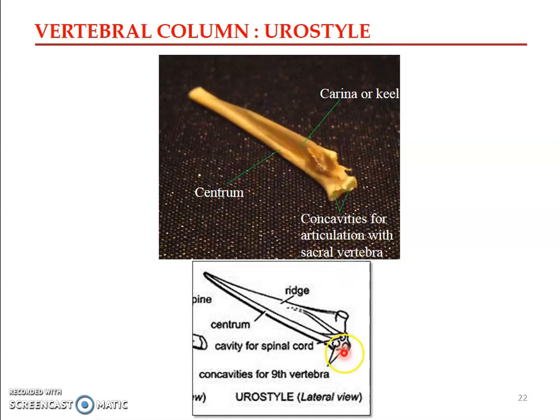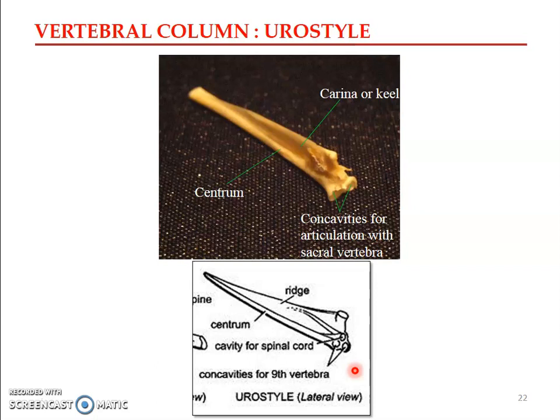Here you can see the cavity for the spinal cord, and here the filum terminale rests. Anteriorly, the urostyle has two concavities, two articular depressions, for the two convexities on the posterior part of the centrum of the ninth vertebra.